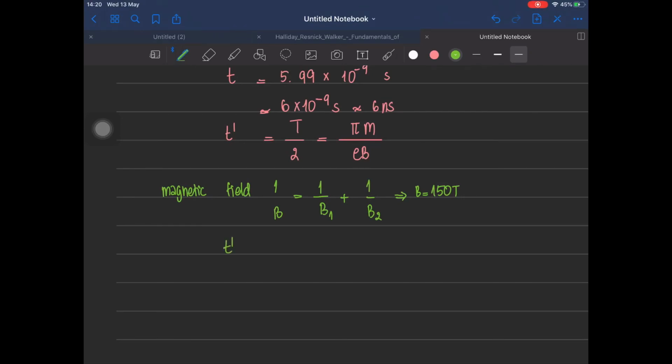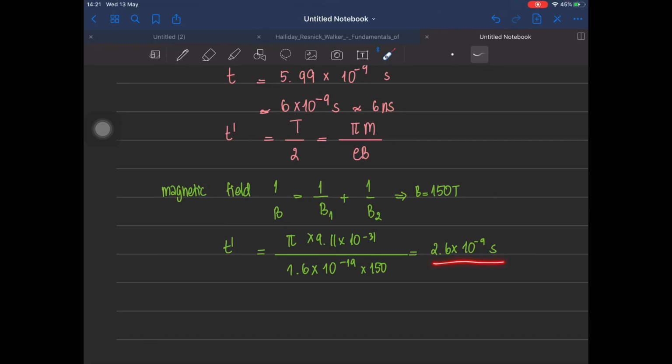Therefore, you have everything else in your hand. You can just find this one easily. The mass, the charge is still the same, no matter what. It is still a particle, it's still an electron, therefore it's always the same. So here we have 2.6 times 10 to the minus 9 seconds.